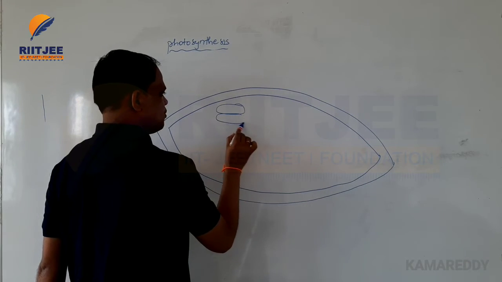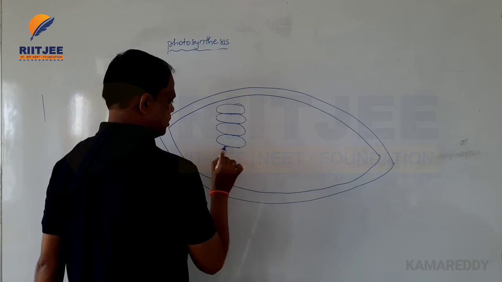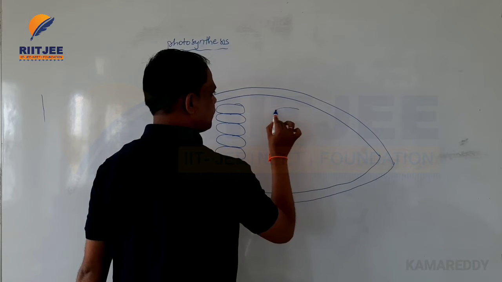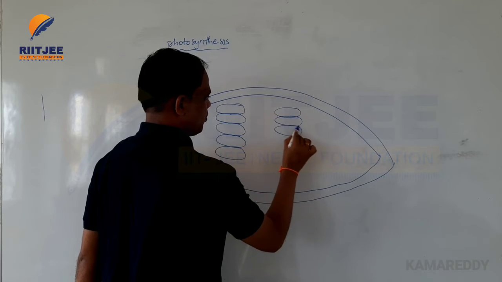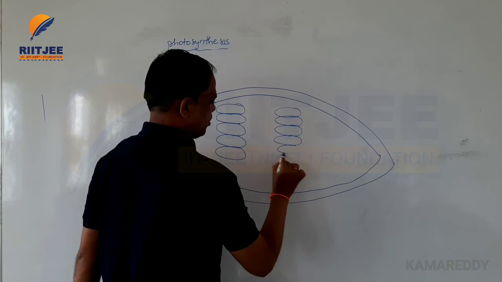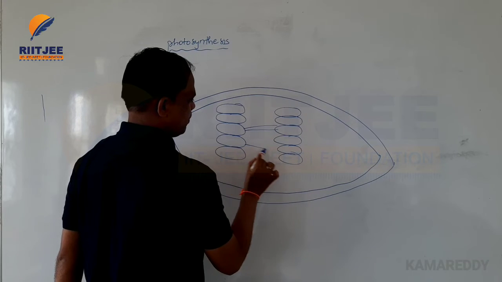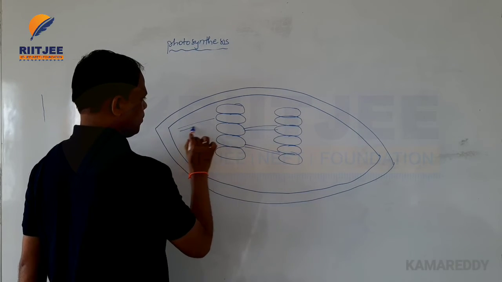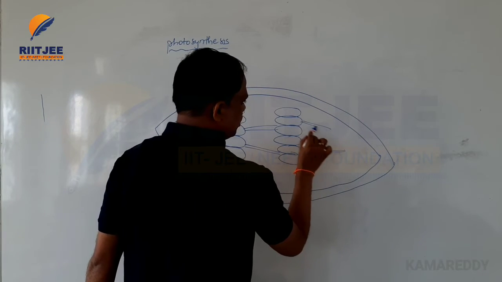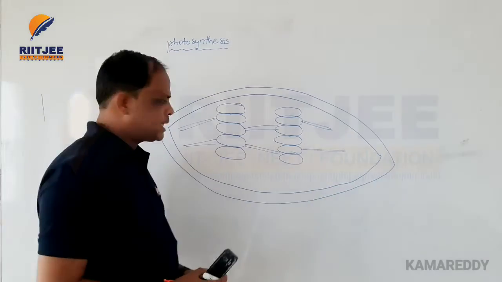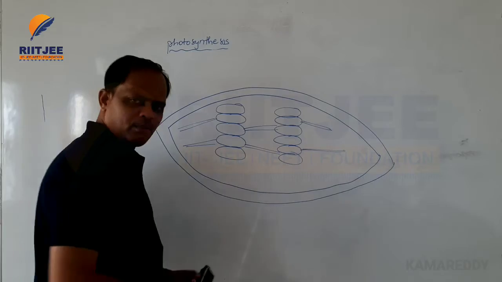This is the structure of chloroplast. This is a very important organelle in all the green plant systems. This is the rough diagram of the structure.